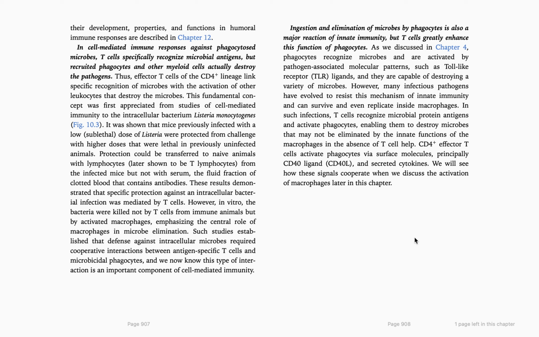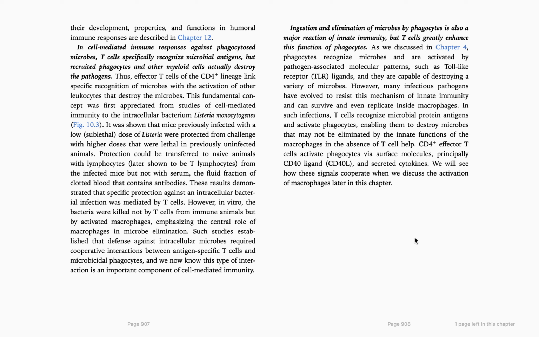However, many infectious pathogens have evolved to resist this mechanism of innate immunity and survive and even replicate inside macrophages. In such infections, T cells recognize microbial protein antigens and activate phagocytes, enabling them to destroy microbes that may not be eliminated by the innate functions of the macrophage in the absence of T helper cells.